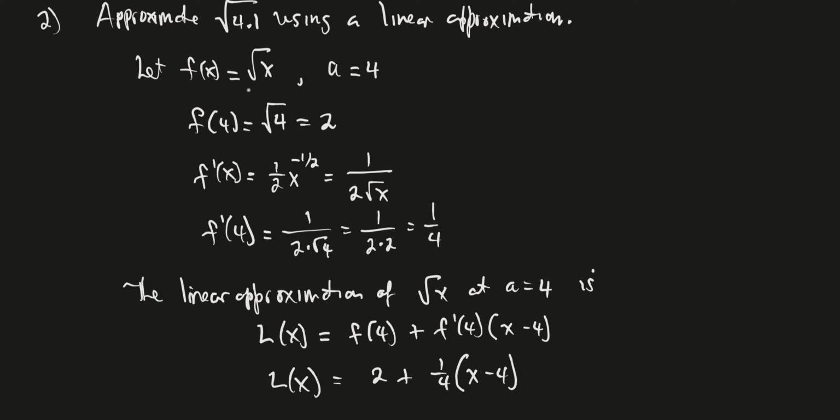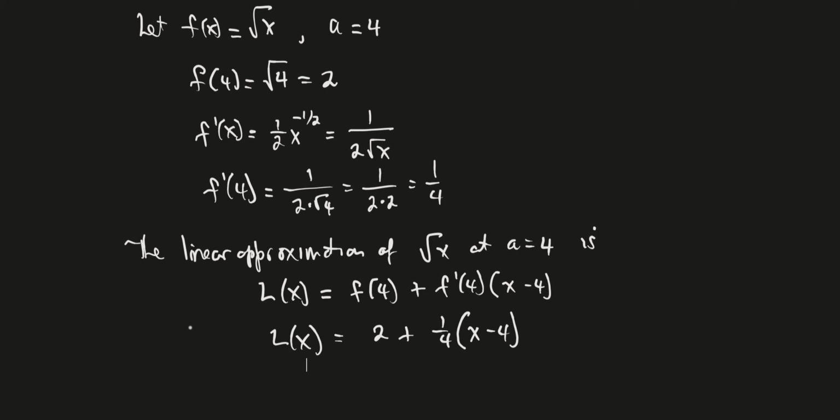So now my goal is to approximate the square root of 4.1. But remember, our principle is that our square root function is going to be approximately equal to this. So therefore, the square root of 4.1 is approximately my linear function evaluated at 4.1.